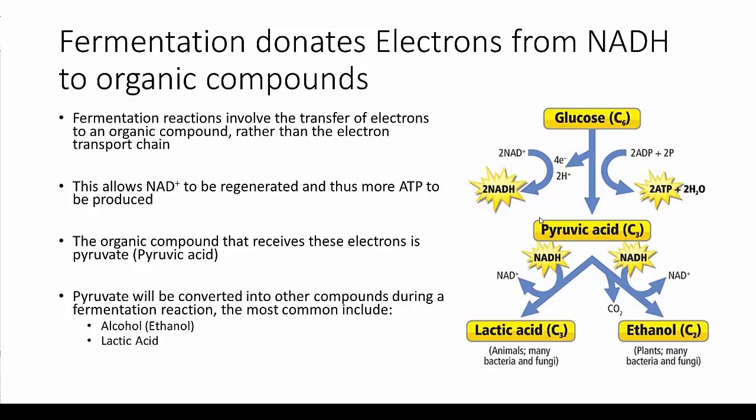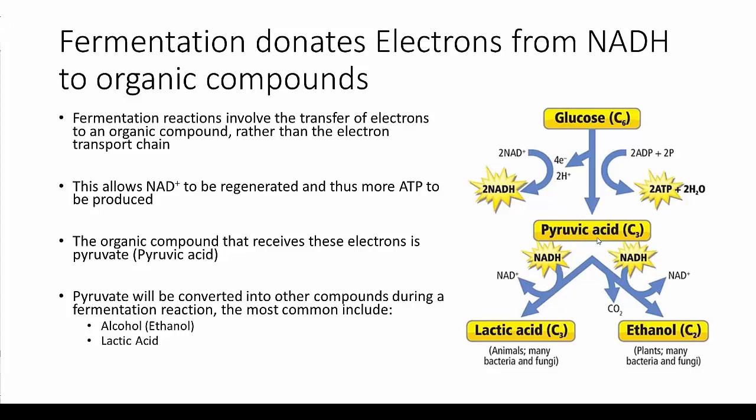And what ends up happening in a fermentation reaction is when it receives the electrons from NADH, it becomes one of a variety of waste products, depending on the type of fermentation reaction that we're talking about. So different organisms conduct different types of fermentation reactions. They're all slightly different. And one of the differences is the type of organic compound that we generate when we dump these electrons to pyruvic acid or pyruvate.